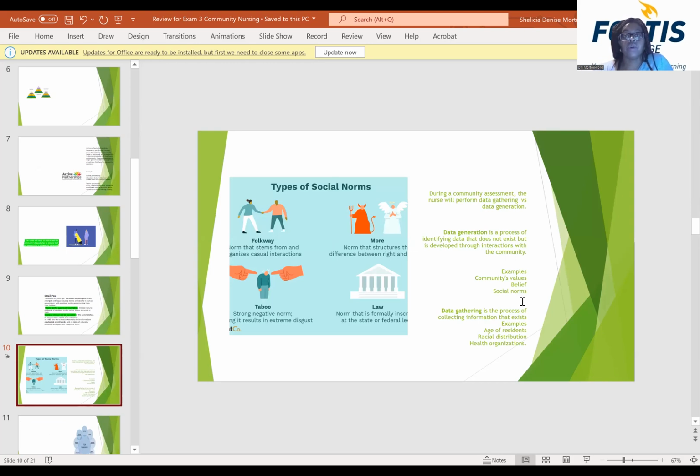During the community assessment, we're going back to this community assessment, the nurse will perform data gathering versus data generation. So we want to talk about these two concepts. Data generation is a process of identifying data that does not exist, but is developed through the interaction with the community.